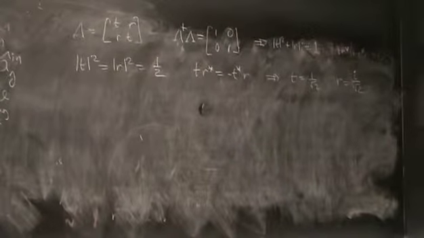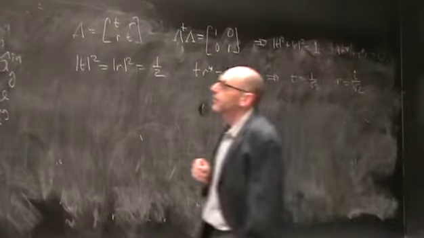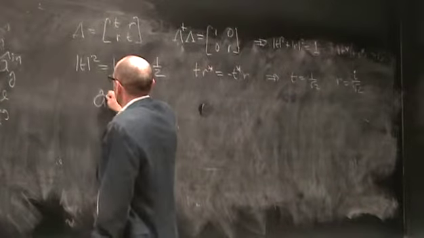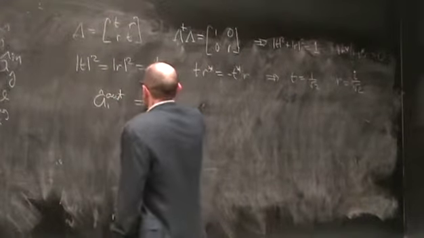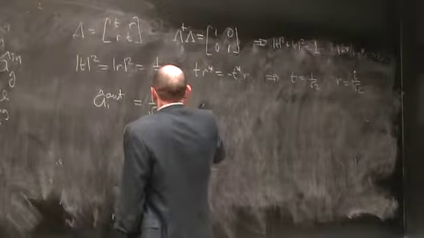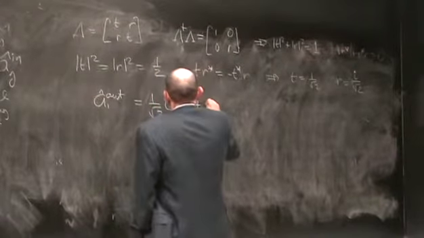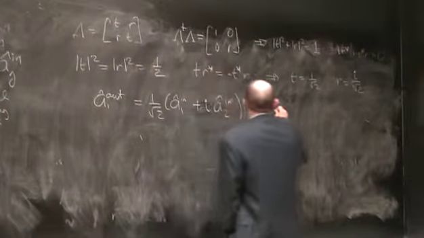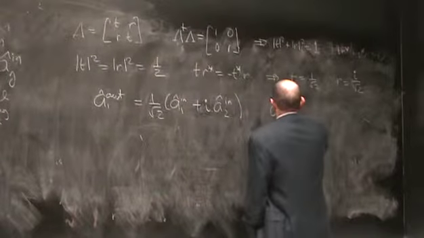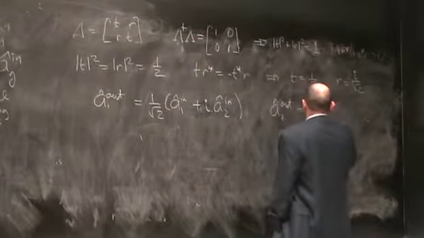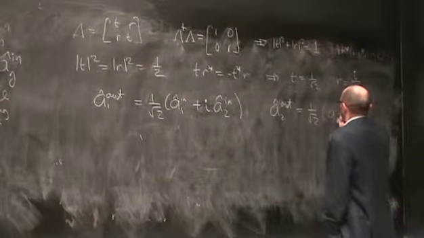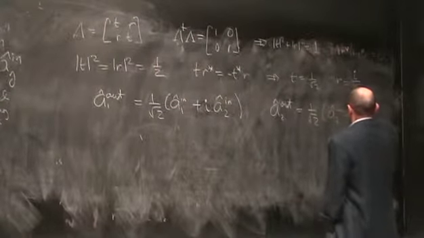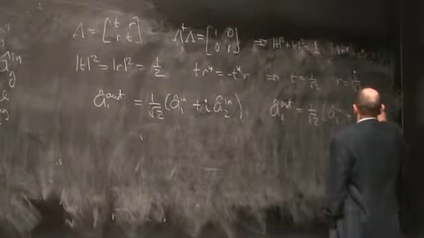That satisfies those conditions. So that tells me that A1 out is equal to 1 over root 2 times A1 in plus i A2 in, and A2 out is equal to 1 over root 2 times A2 in plus i A1 in.